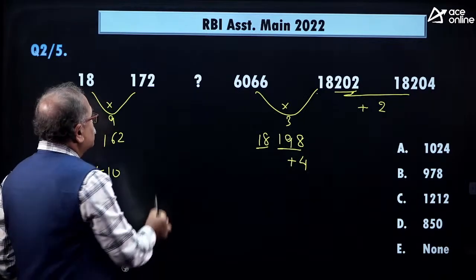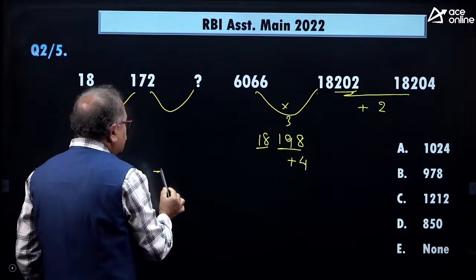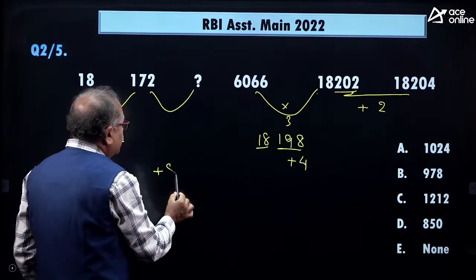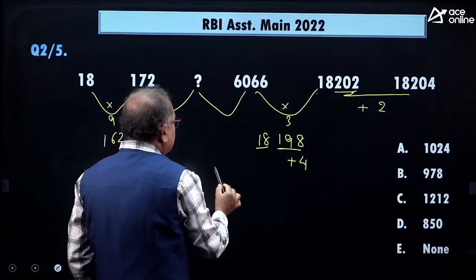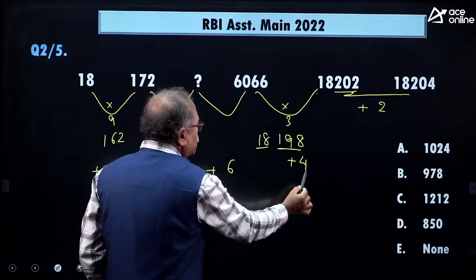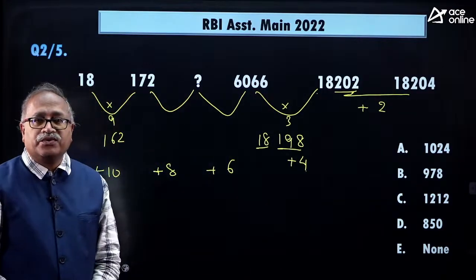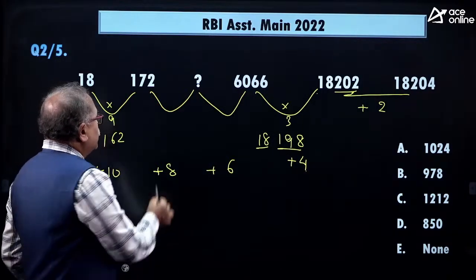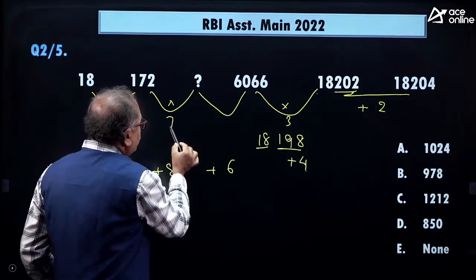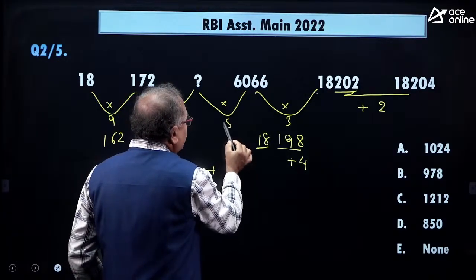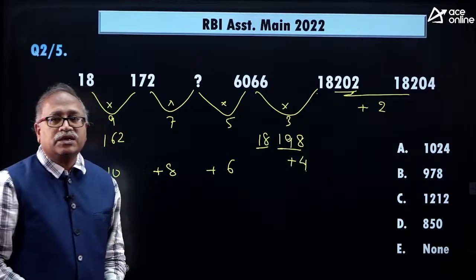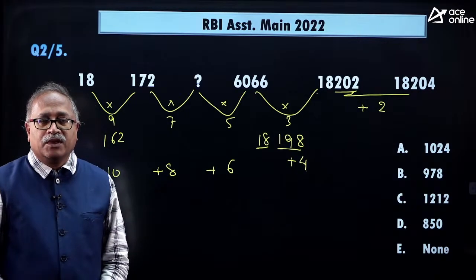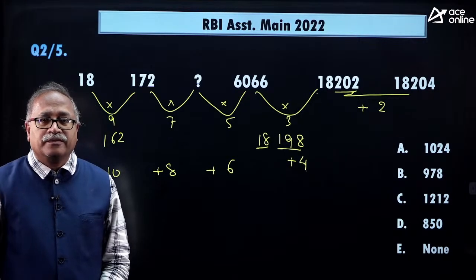If this is plus 10, if this is plus 8, and if this is plus 6, this justifies plus 4. If this is into 9, this is into 5, then it justifies into 3. Odd numbers in a descending order.